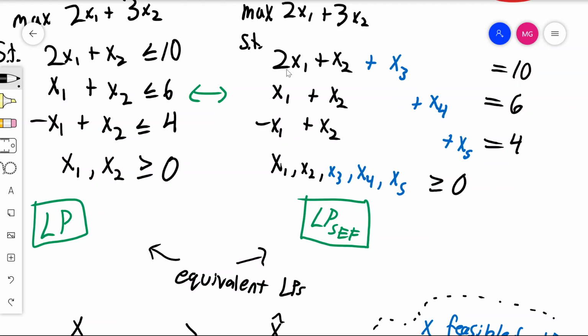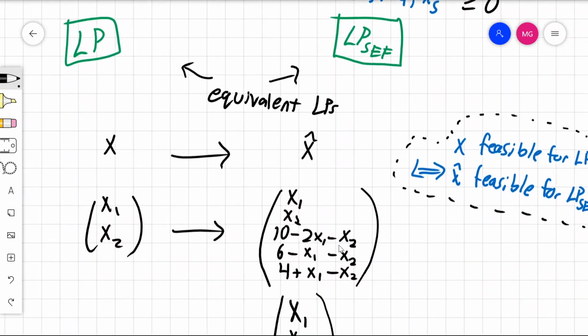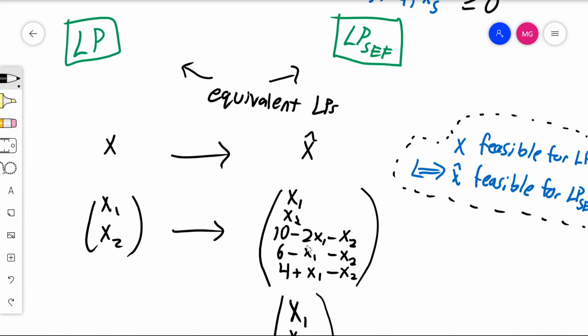So whatever the slack was left over from 2x1 plus x2, you know what these things have to be. In other words, you can solve for x3, x4, x5 in terms of x1 and x2. And so that's just what we've done here. We've just solved for x3, 4, and 5 in terms of the constraints, in terms of x1 and x2.